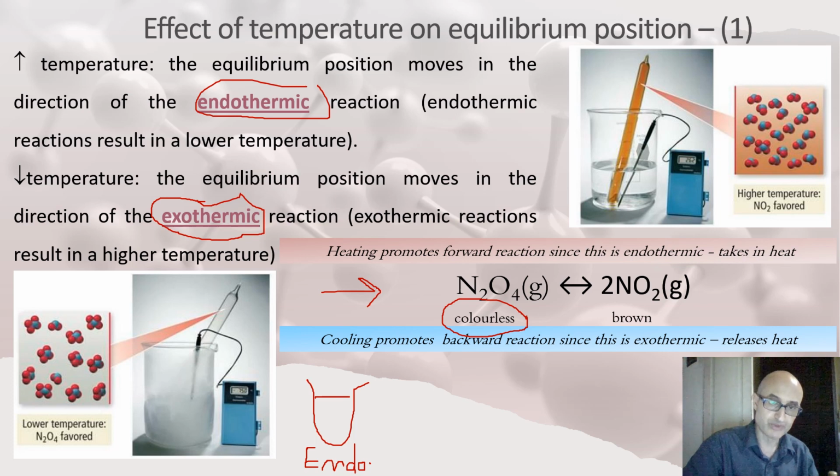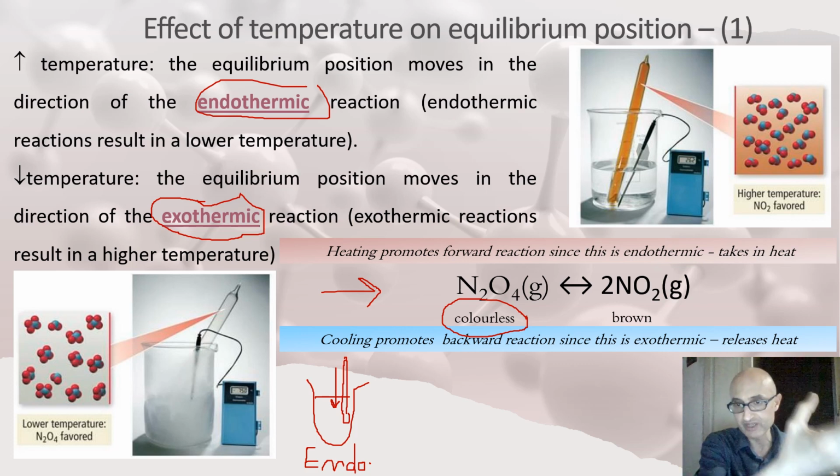If I had to put in a thermometer in the reaction mixture, the temperature will drop, okay? And if I held the container with my hand, it would feel cool to the touch. So an endothermic reaction takes in heat, and since it's taking in heat, basically it is going to cool down your temperature.